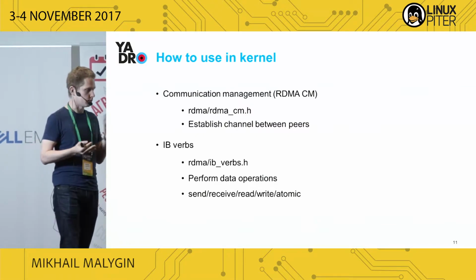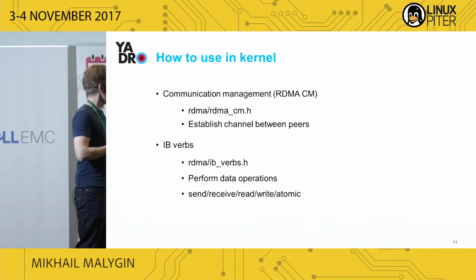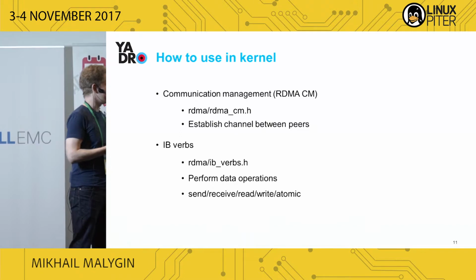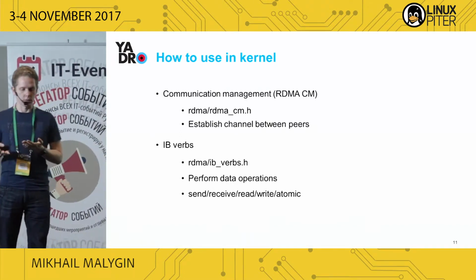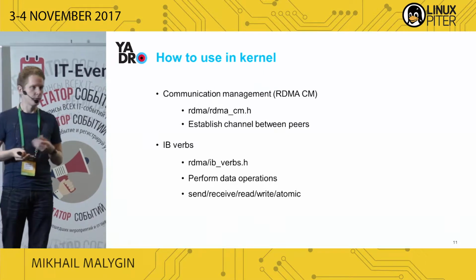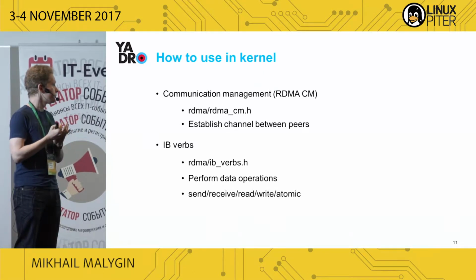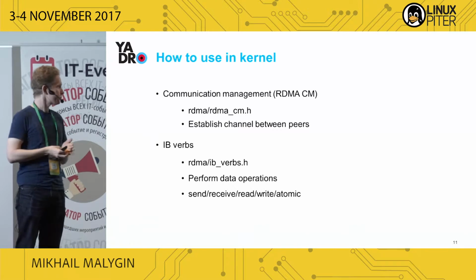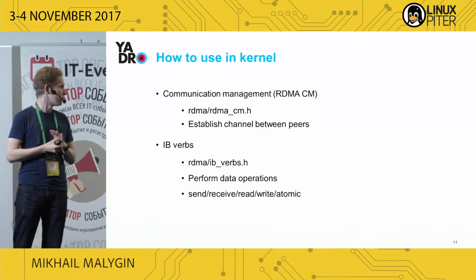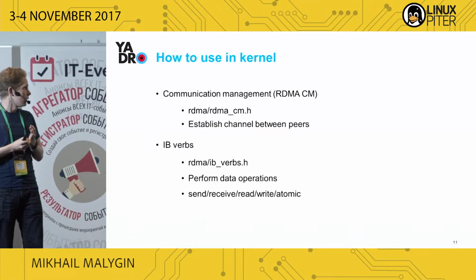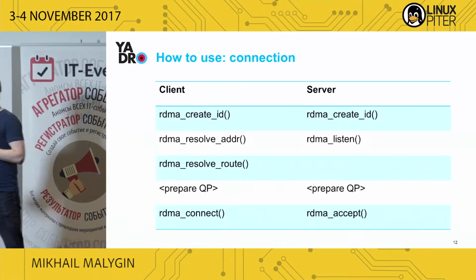Now we had to program all this. We had to write our drivers, and there are two parts of the API which allow us to use it. One part is responsible for establishing communication, the other for data processing.